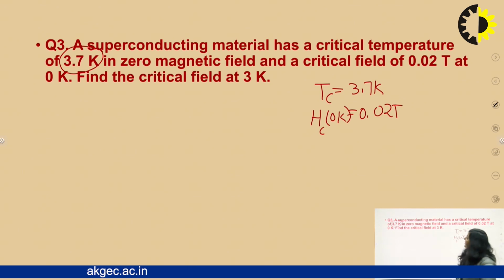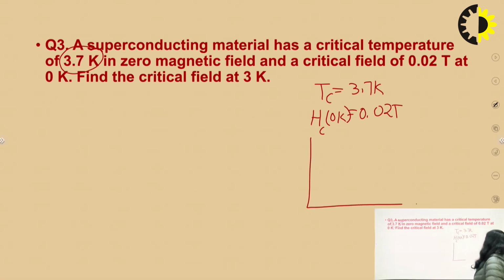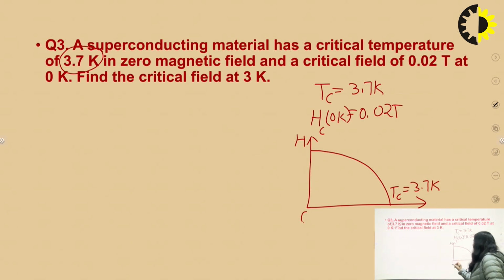Now we have to find the critical field at 3 Kelvin. So again, you have the same graph. Along this direction we have magnetic field, along this direction we have temperature.